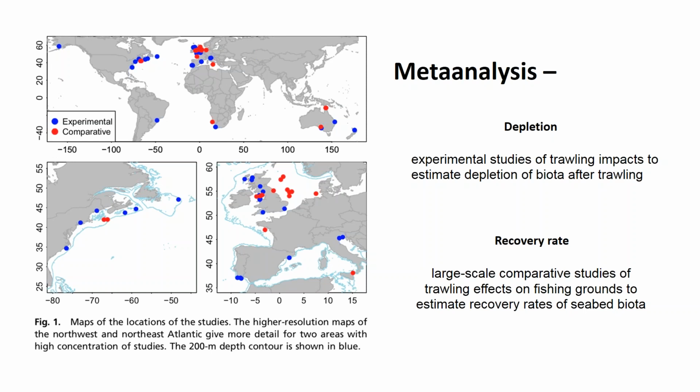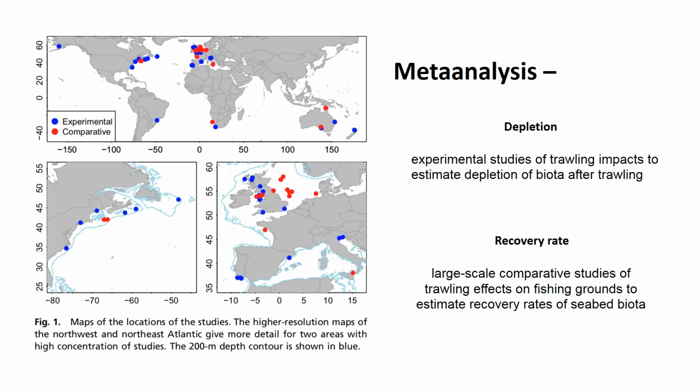There are two types of studies. One is experimental studies, which are kind of like before and after type studies. The other is comparative studies, which look at the impact of bottom trawling across gradients of different fishing frequencies.